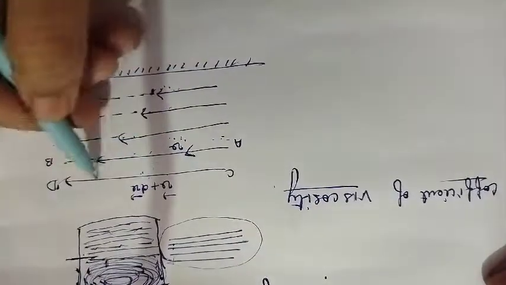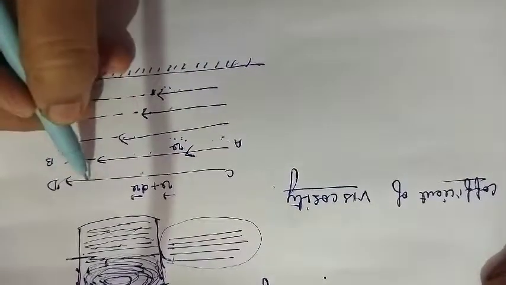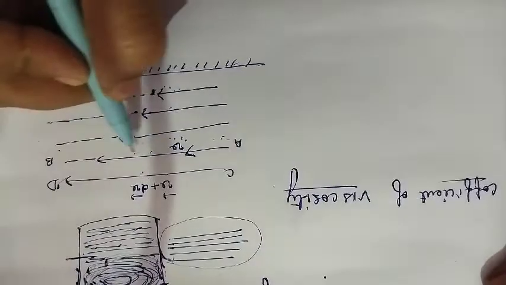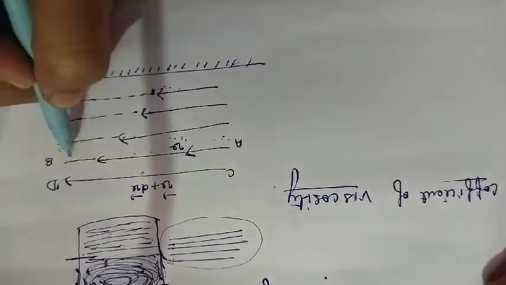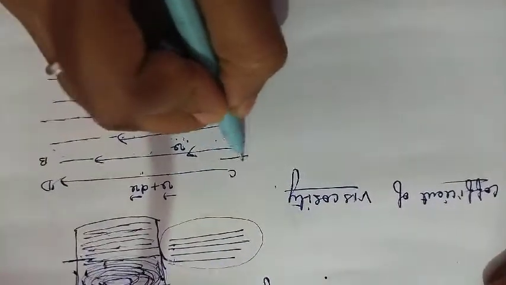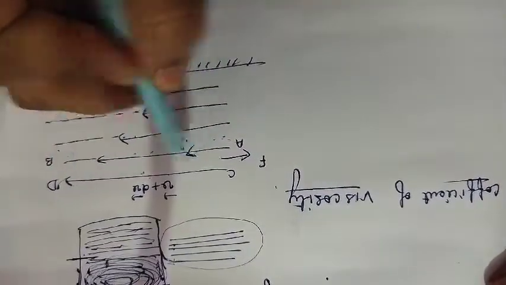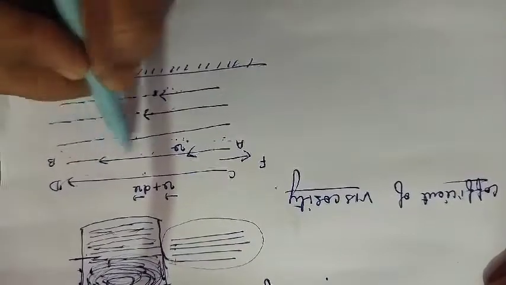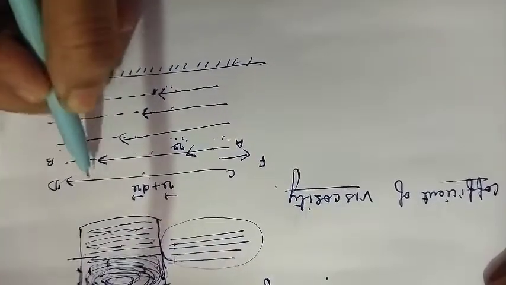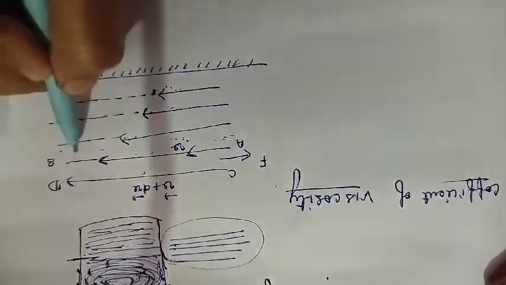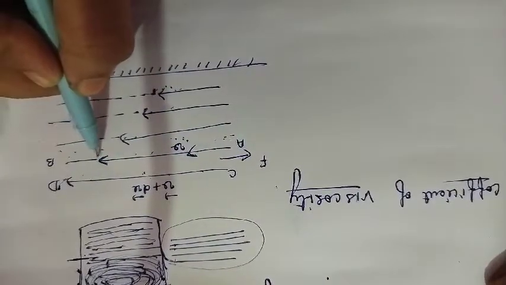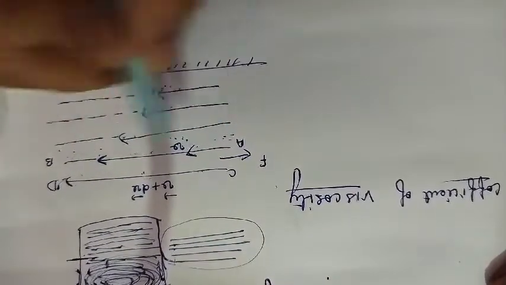Why is its velocity less? Because this layer opposes the motion of layer AB. An opposing force acts here, and that force decreases the velocity of layer AB. CD decreases the velocity of AB.